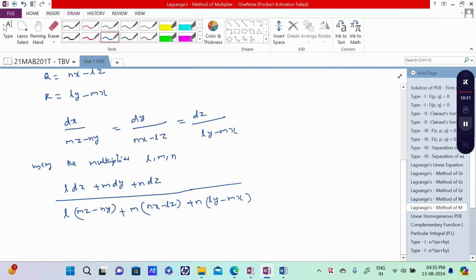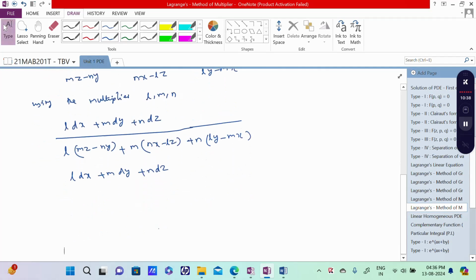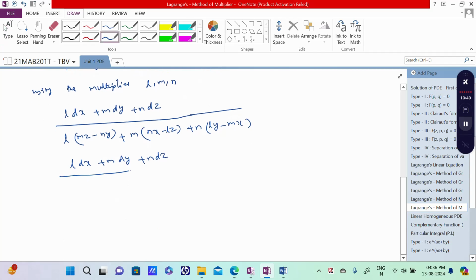So I multiply numerator and denominator: for the first term l, the second term m, and the third term n. Now when I expand the denominator value, if it is 0, then the numerator also is 0.